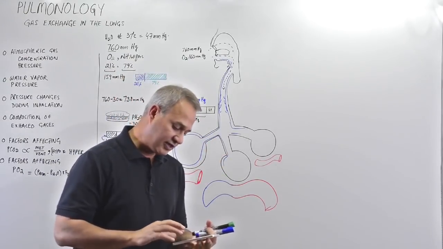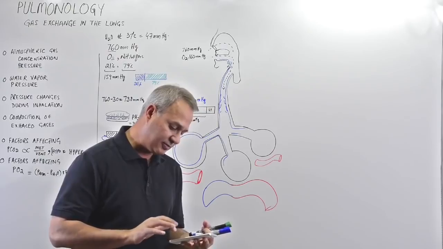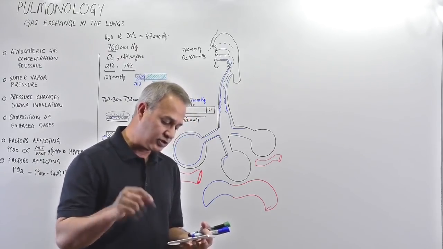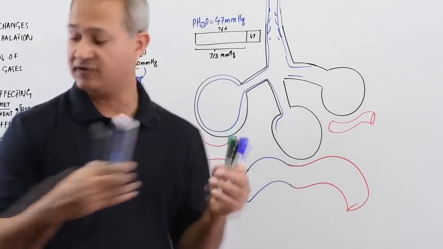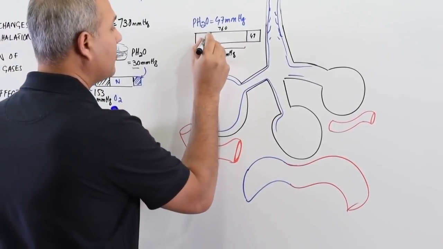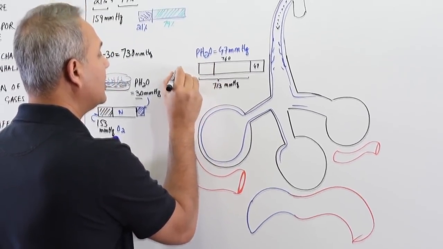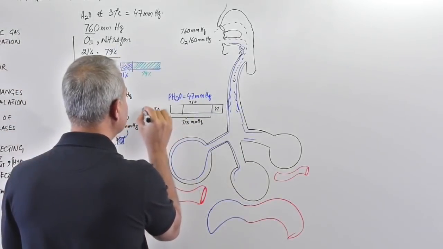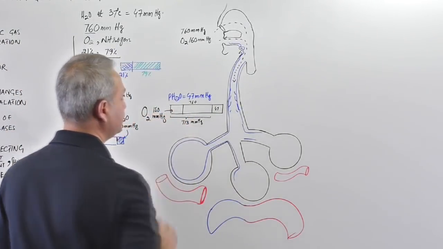So what would that be? 713 multiplied by 0.21, so 149.73, about 150. So oxygen here is 150 millimeter of mercury.